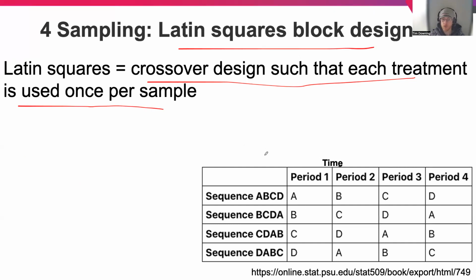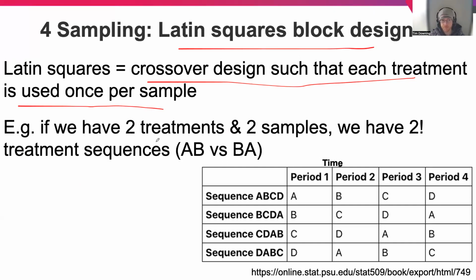If we have 4 treatments, A, B, C, D, we can have a treatment going from A into B into C into D, but we can also reverse them, with A here at the end, then B, C, D, then C, D, A, then D, A, B, C. Of course, we can rearrange these further so that we're avoiding only measuring the effects of A crossing over into B, B into C, and C into D. That's actually a quantifiable component as well, to maximize the number of independent crossover events, so that there is sufficient power to look at the effect of A on B, but also A on C, which is not measured here.